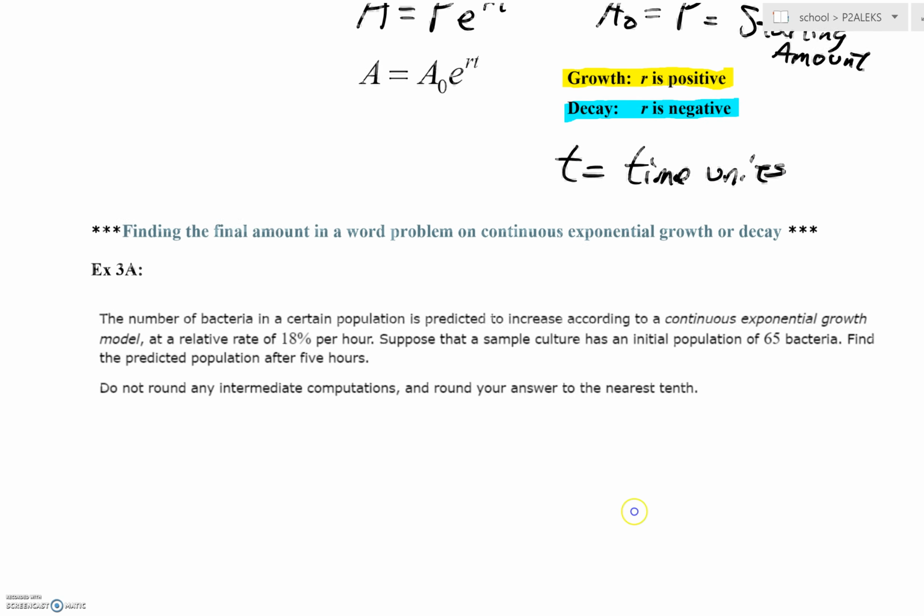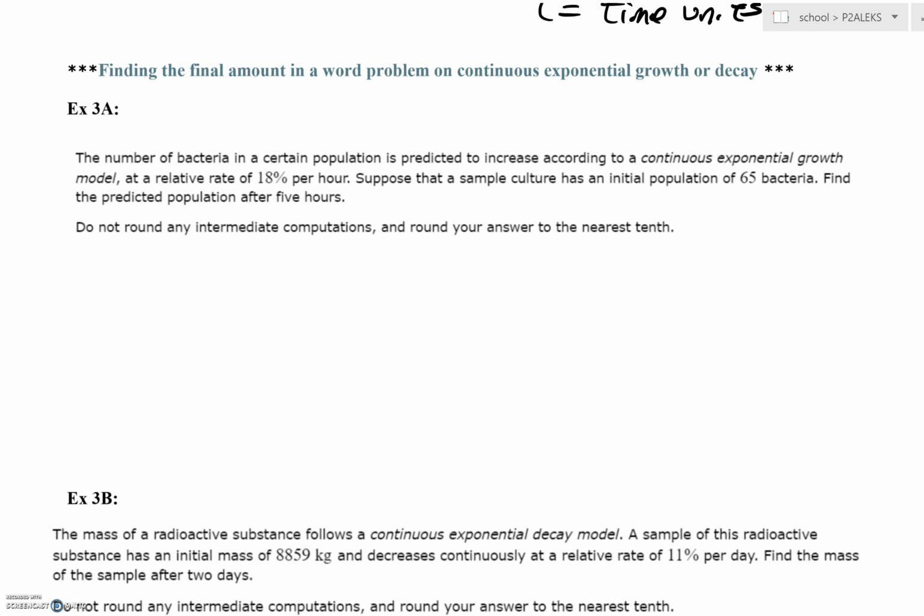So let's read this together. For example 3a, the number of bacteria. You can see we're not talking about money. We're talking about a population. You could have a population of animals, bacteria, people. All of that could be represented by what we're seeing here. But it's continuous exponential growth.